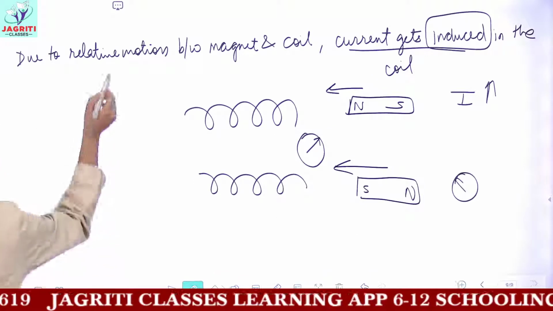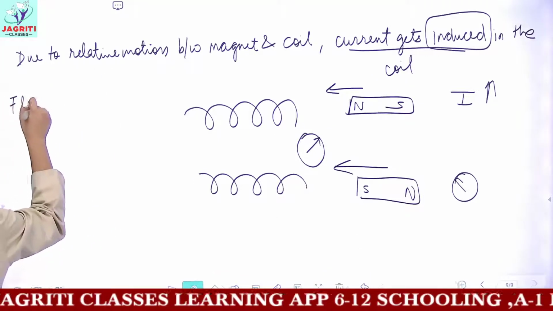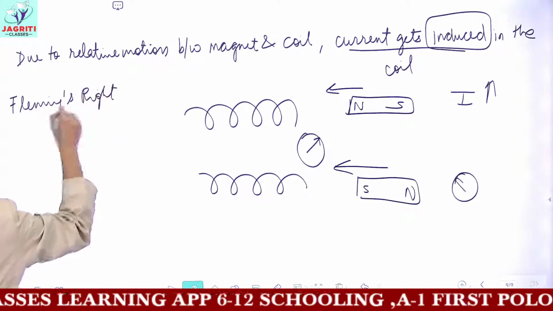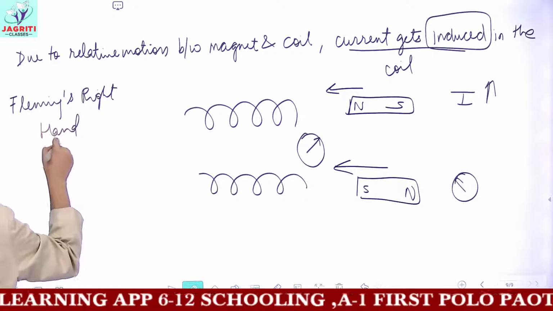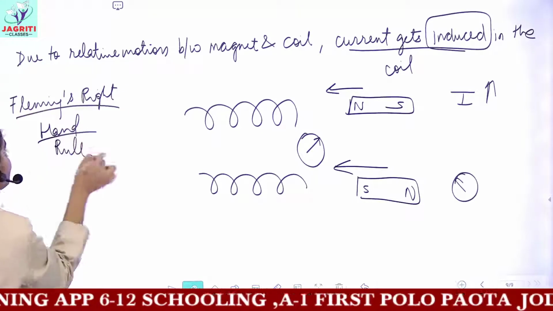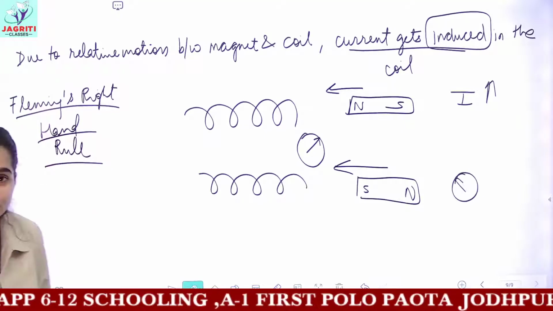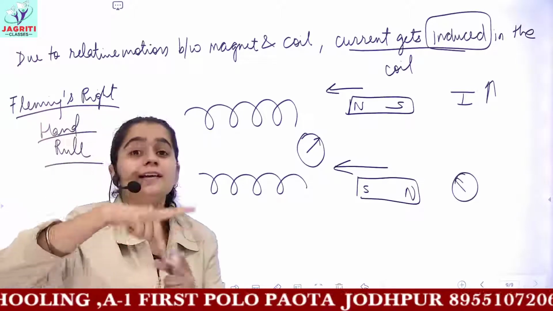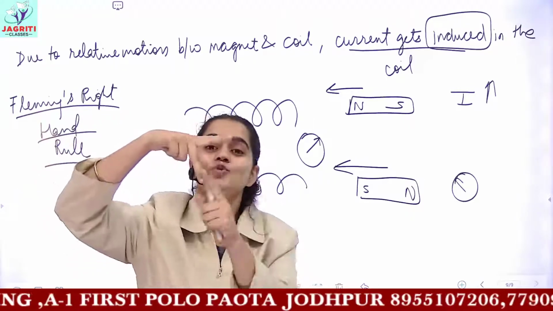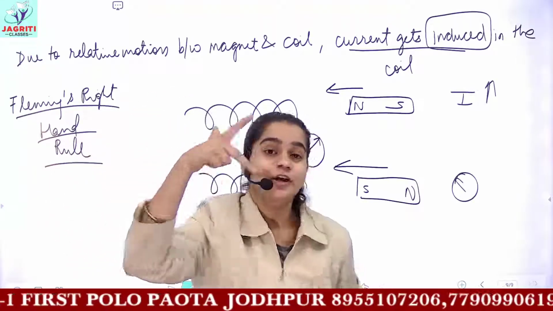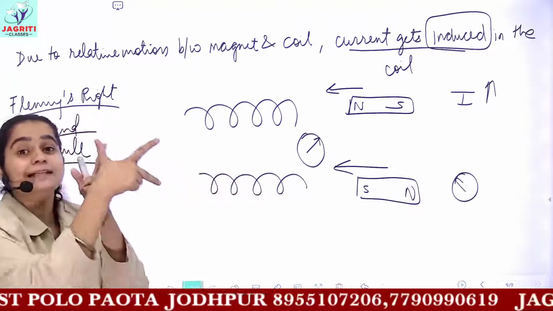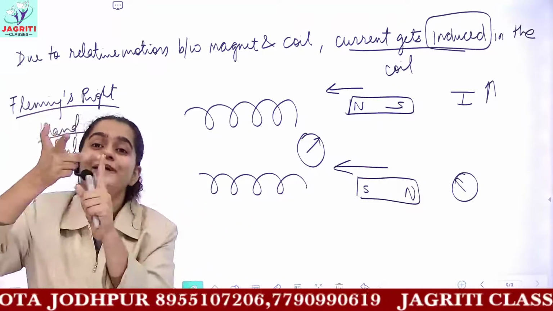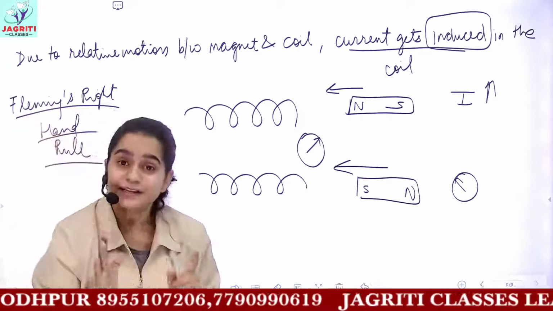Now you just have a rule which is called Fleming's right hand rule. Fleming's right hand rule, it is the same as the Fleming's left hand rule. You have to stretch your thumb, forefinger and middle finger in such a manner that these are mutually perpendicular to each other. So the thumb would represent the motion of conductor, the forefinger would represent magnetic field, and the middle finger would represent the current produced.